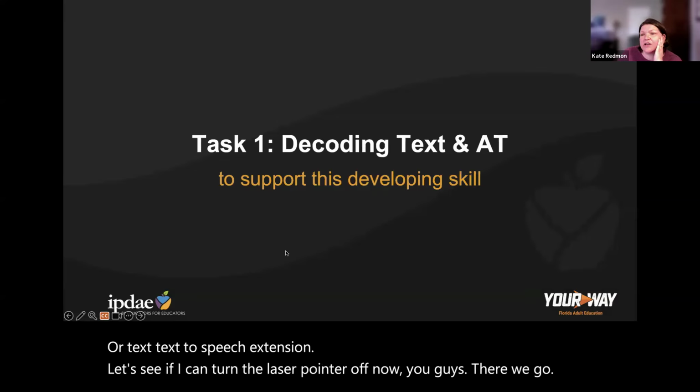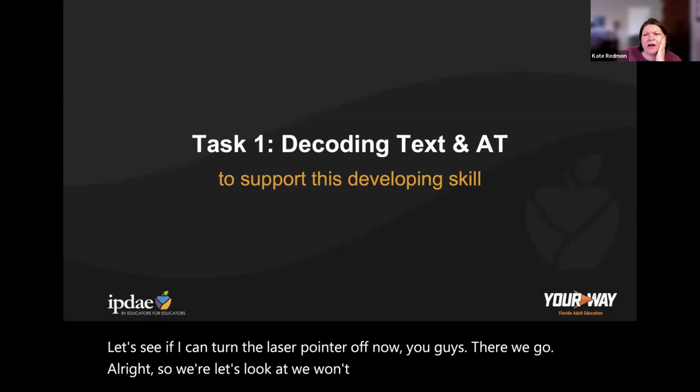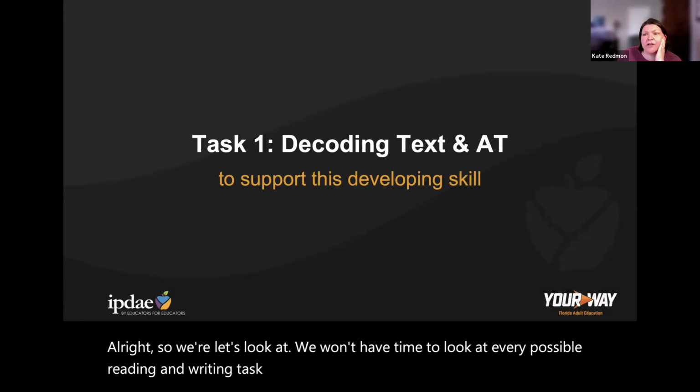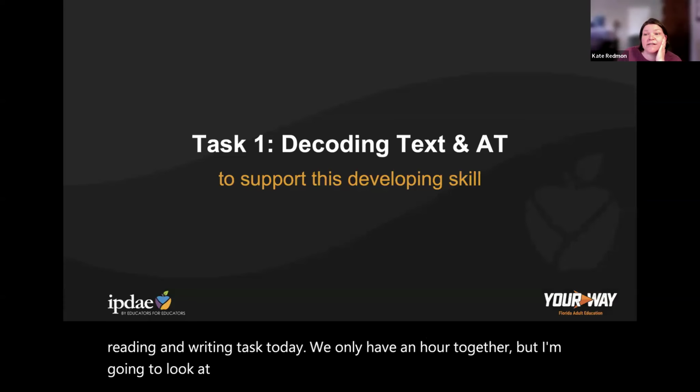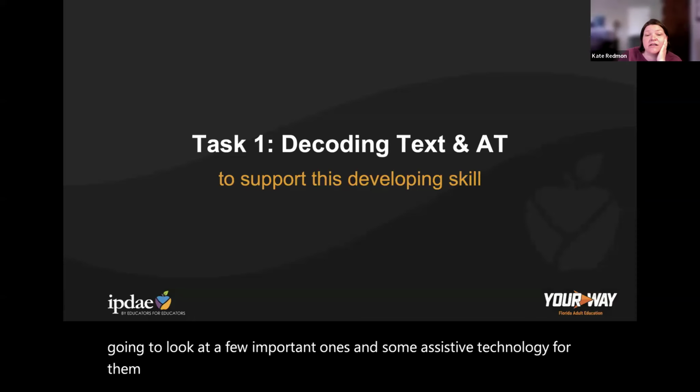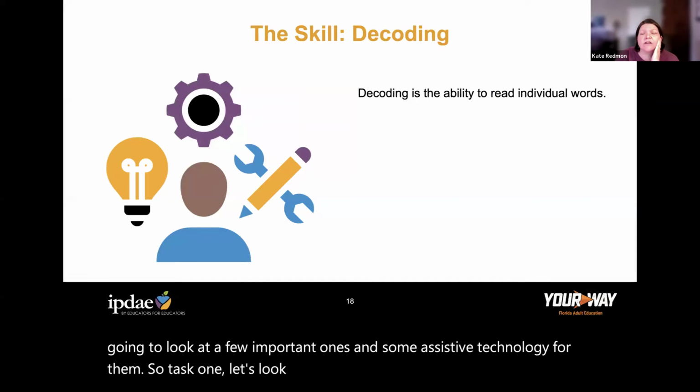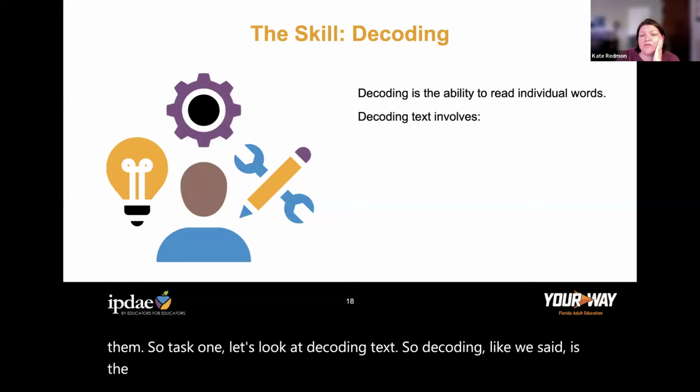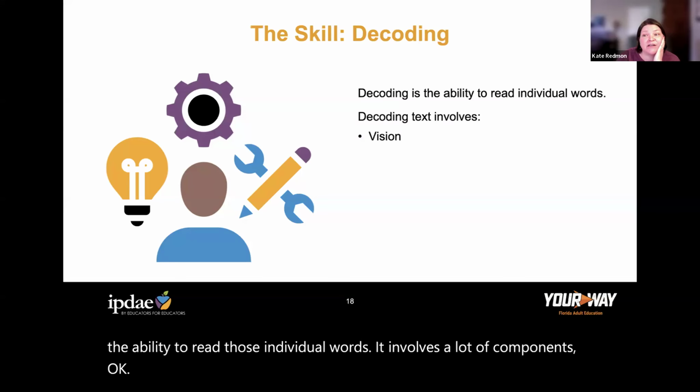So we won't have time to look at every possible reading and writing task today. We only have an hour together, but I'm going to look at a few important ones and some assistive technology for them. So task one, let's look at decoding text. So decoding, like we said, is the ability to read those individual words. It involves a lot of components, okay? First one, just vision.